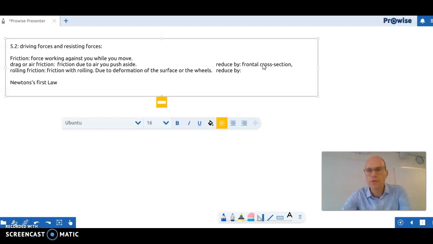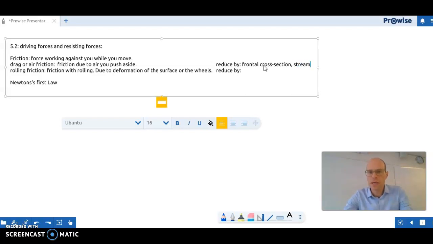Another way you could reduce the drag is by streamlining yourself, for instance by wearing a helmet that is better streamlined, or by changing the shape of your bike so that the air goes more smoothly around the wheels or the tubes. That's the drag coefficient, or the streamline. So better streamline.